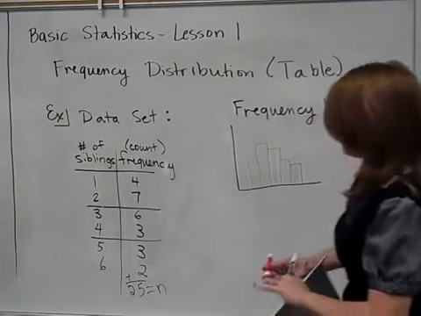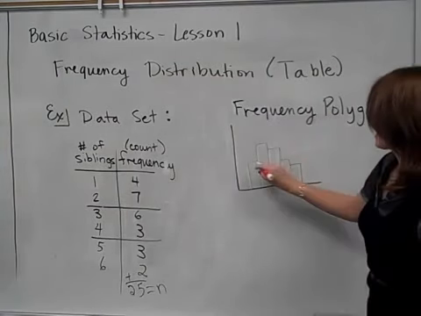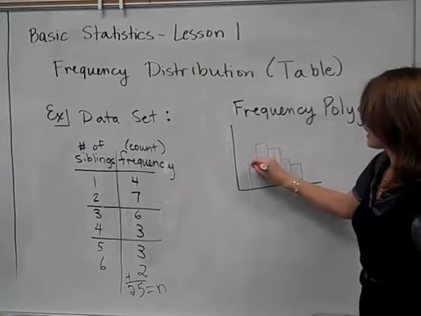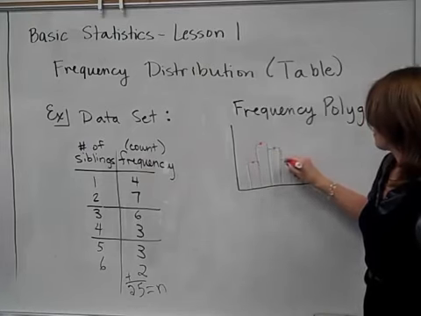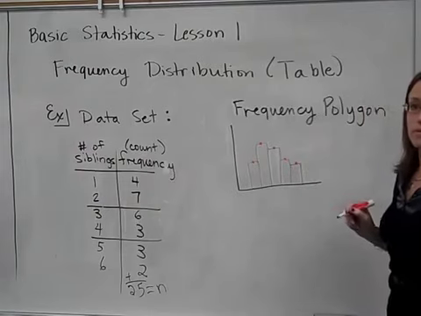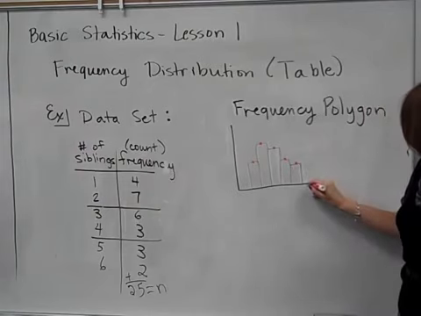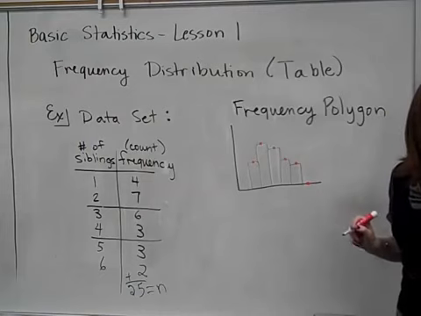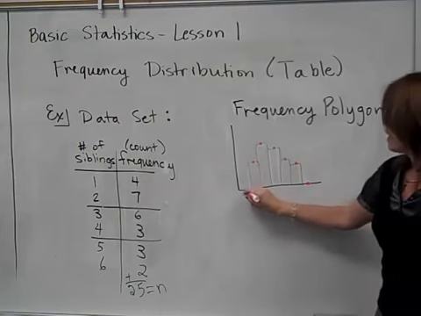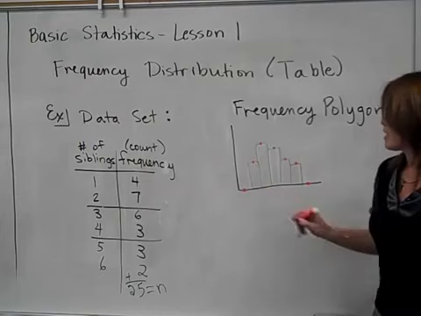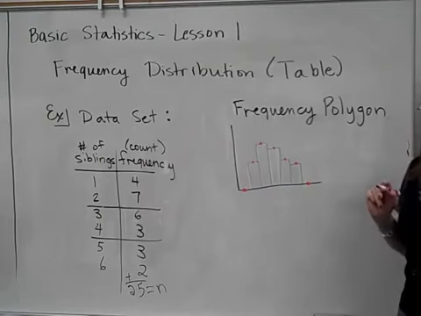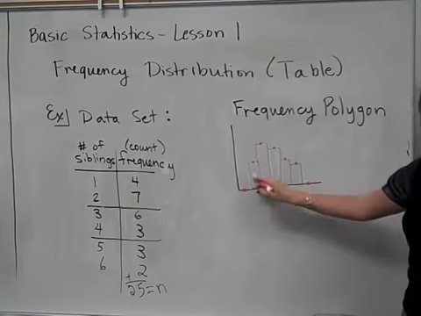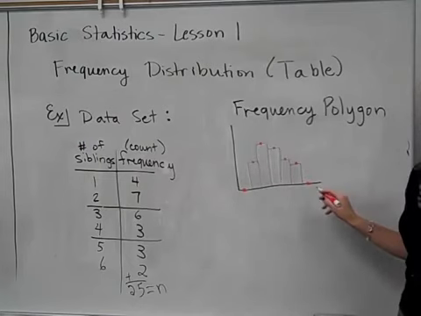On a frequency polygon, you would take each little bar at the top and the middle and put a dot. Okay? And then at the end, you put another little dot equally spaced away on the axis. And then at the end down here, you do the same thing, kind of equally space it away on the axis.